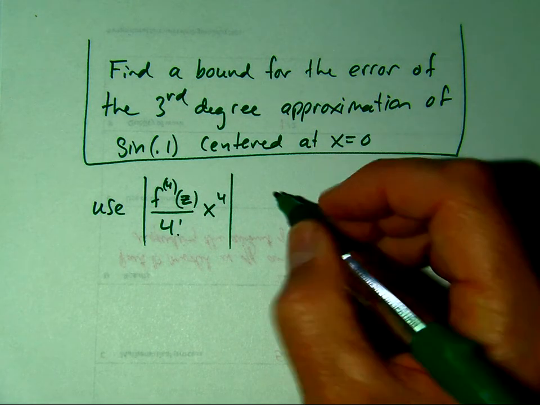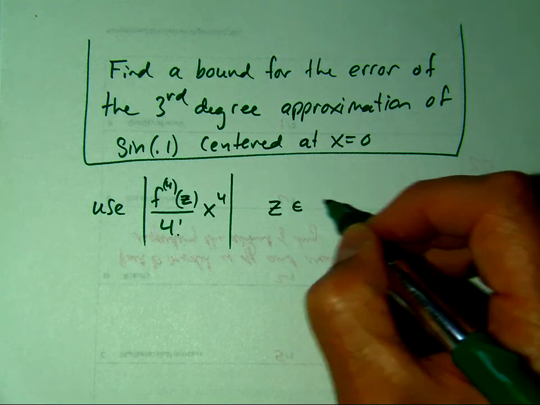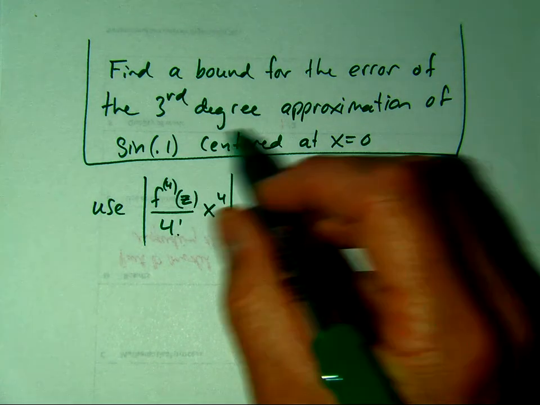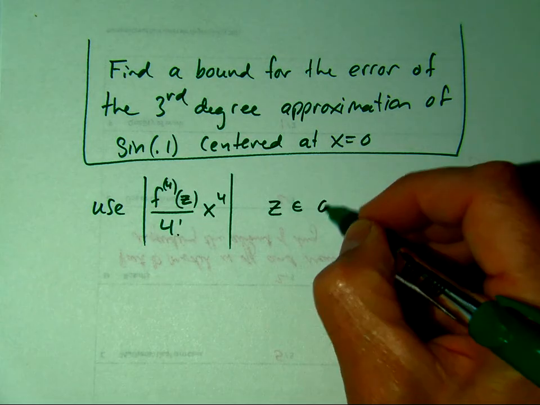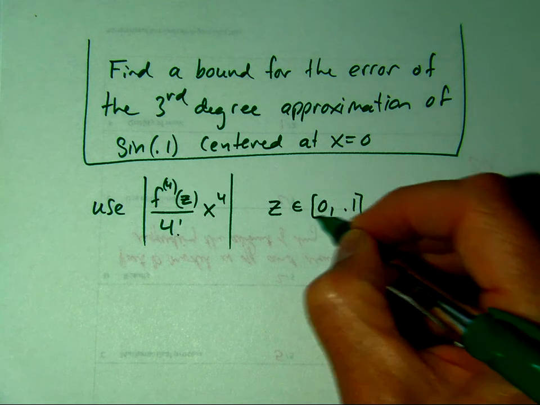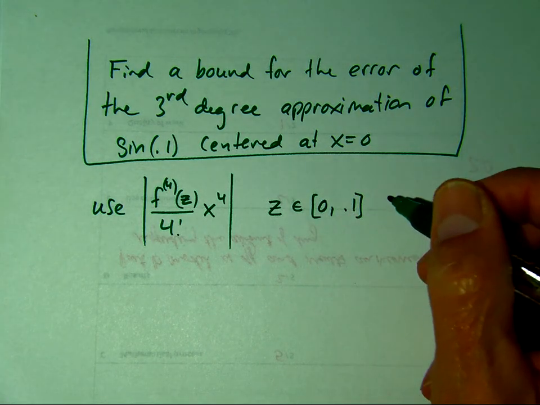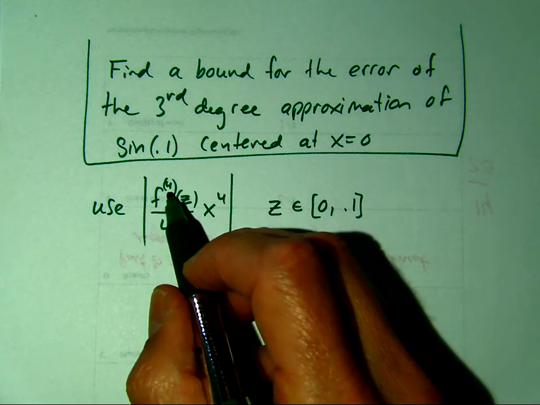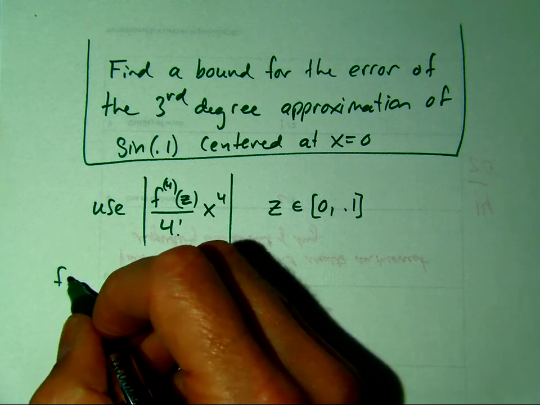z is between the center and the point that we're evaluating at, so we know z is between there. We do need the fourth derivative, so we could just say f is sine.